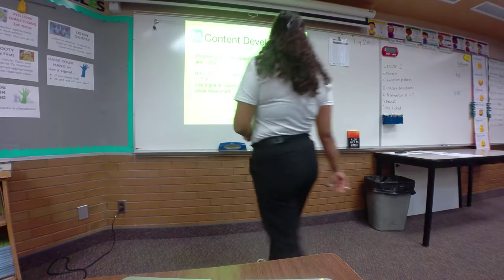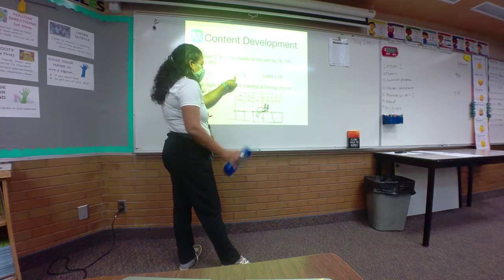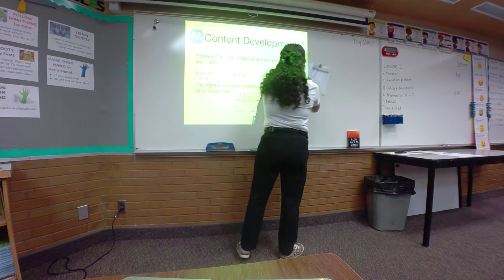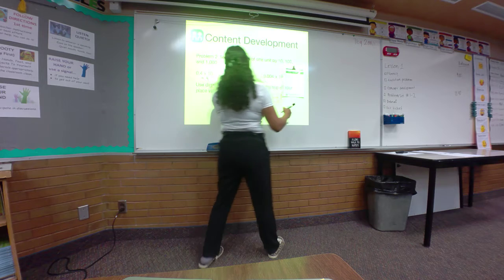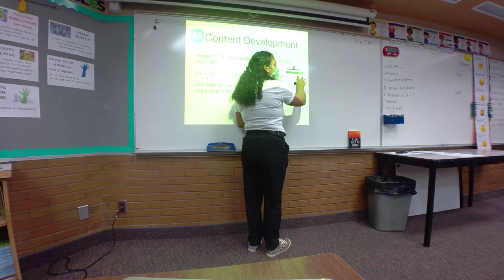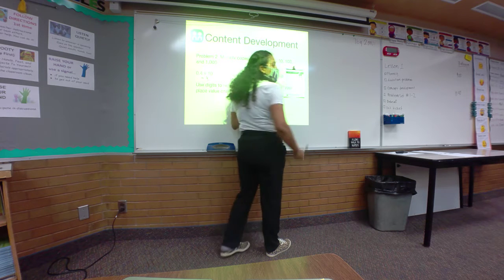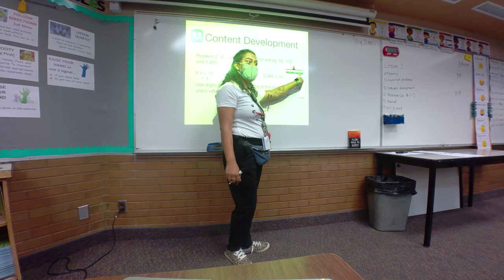Okay, so now let's try with 4 hundredths, okay? So on the place value chart, you have 0.004. So look where your decimal is. And then we have 0 tenths, 4 hundredths. Okay?